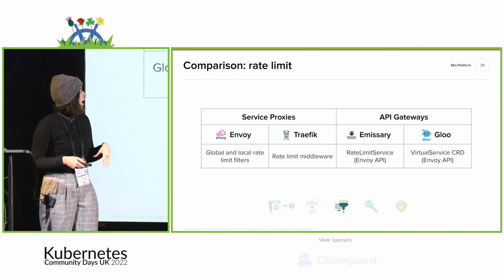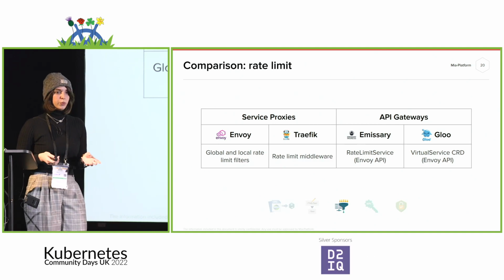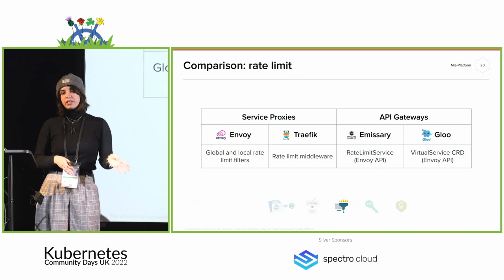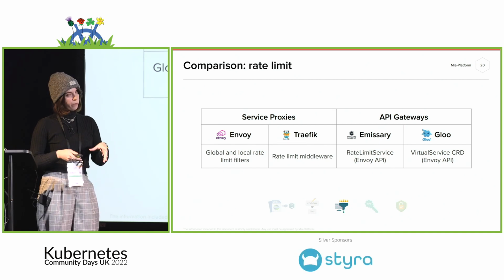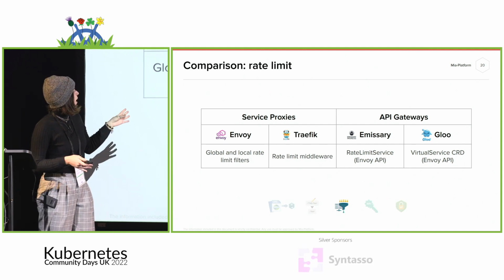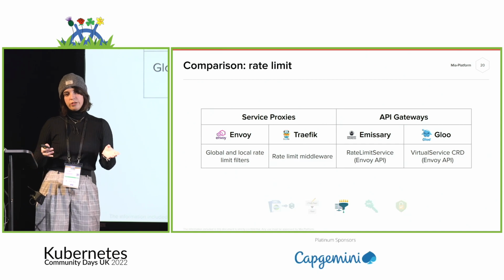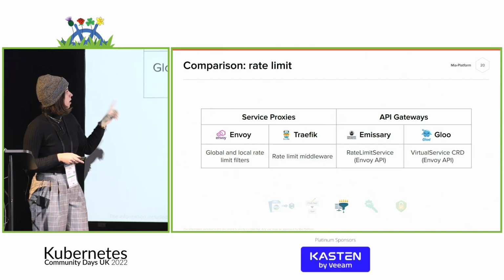In Traefik, we have the RateLimit middleware, which allows us to define, again, the configuration that we already mentioned: the number of requests and the amount of time for the limit. It also allows you to set bursts to handle heavy traffic spikes that occur in a very short amount of time.